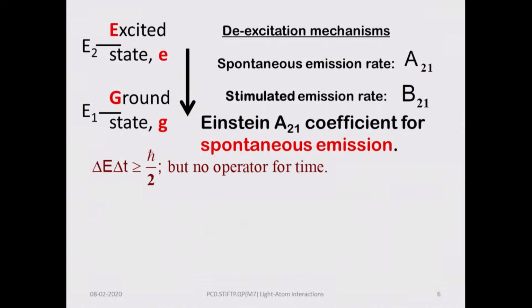The spontaneous emission takes place because the excited state is typically not very sharp. If it were sharp, the atom would not ever get de-excited. Okay. But it has got a certain energy spread, which is the energy uncertainty, and you have an uncertainty relation similar to position and momentum.